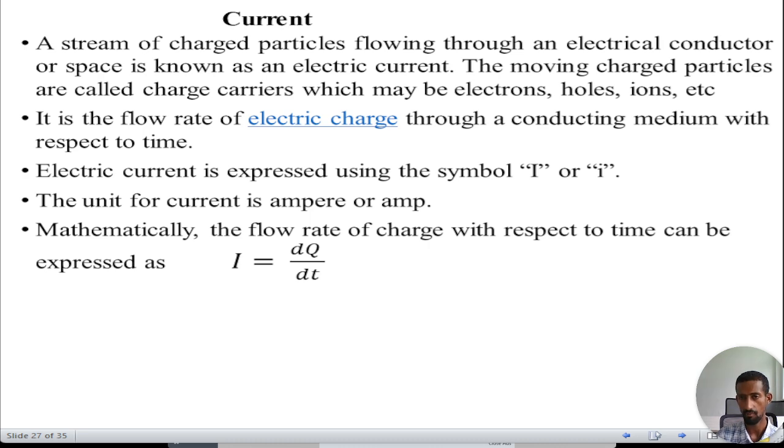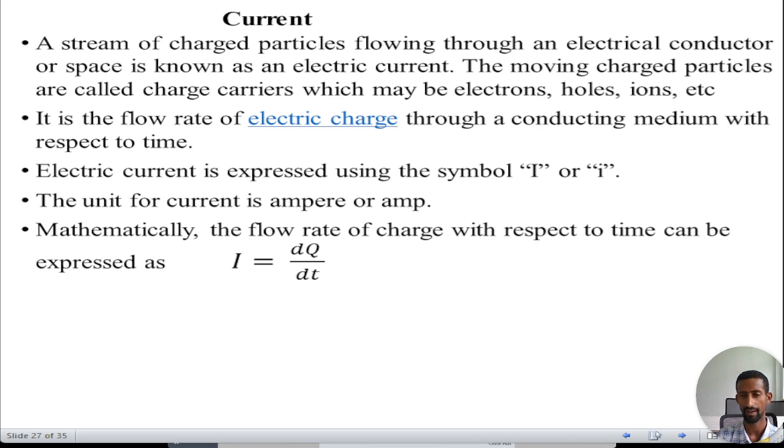Current is the rate of flow of electric charge through a conducting medium with respect to time. We represent current by the letter I.